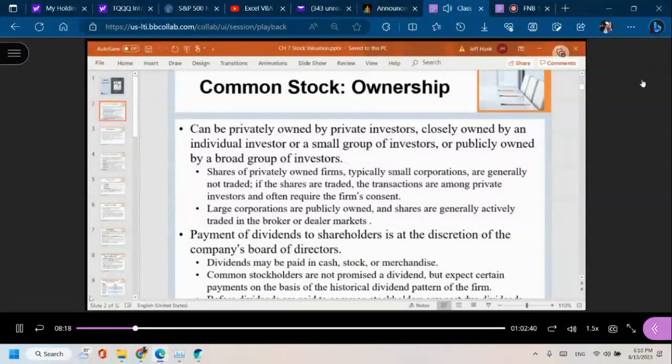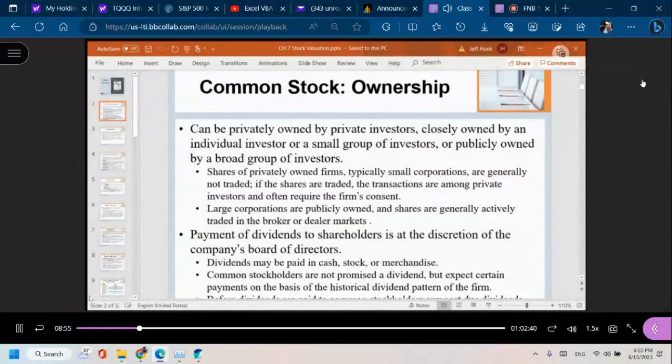So what's the secondary market? I probably mentioned this before somewhere along the way, but there are primary and secondary markets, depending on what stage of life the stock is in. Primary market is like a virgin journey, the first voyage.